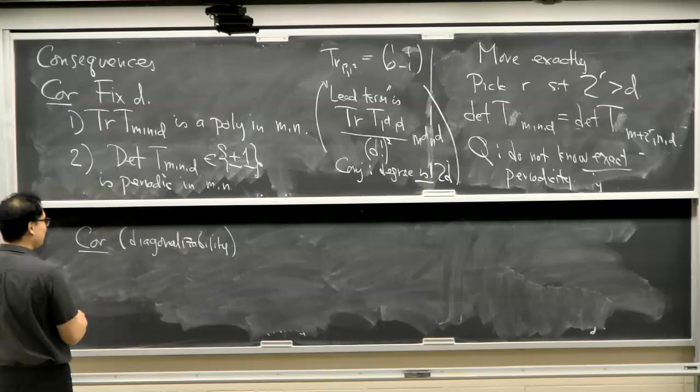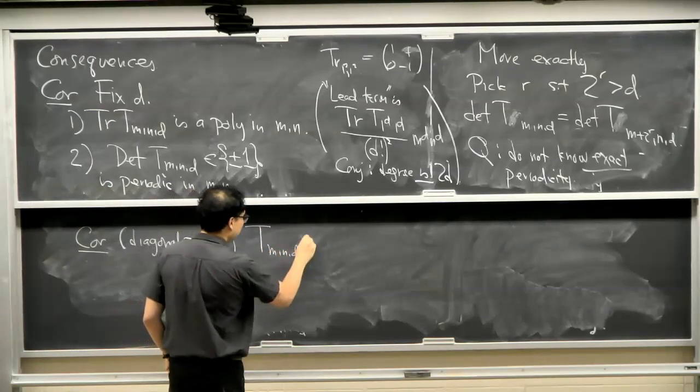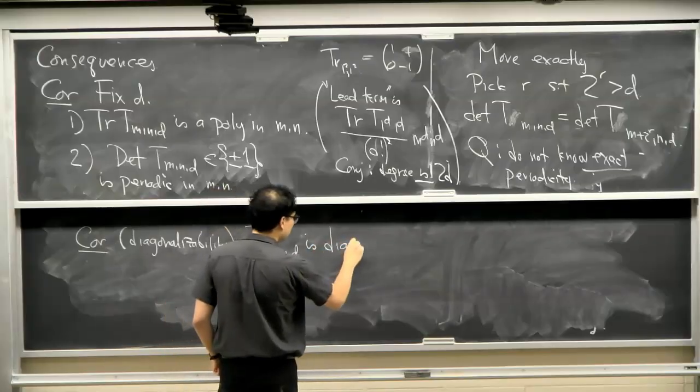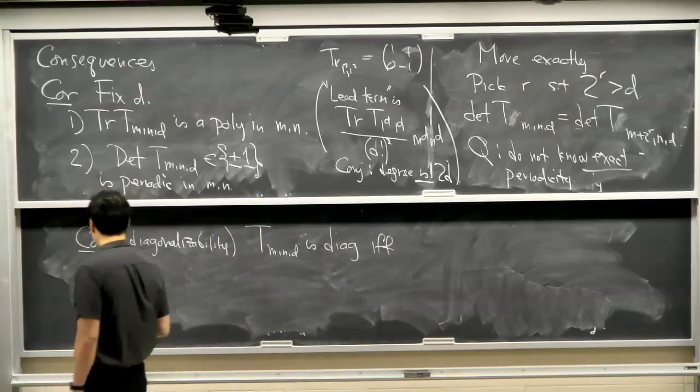Okay, so the statement is that T, M, and D is diagonalizable if and only if one of the following is true.